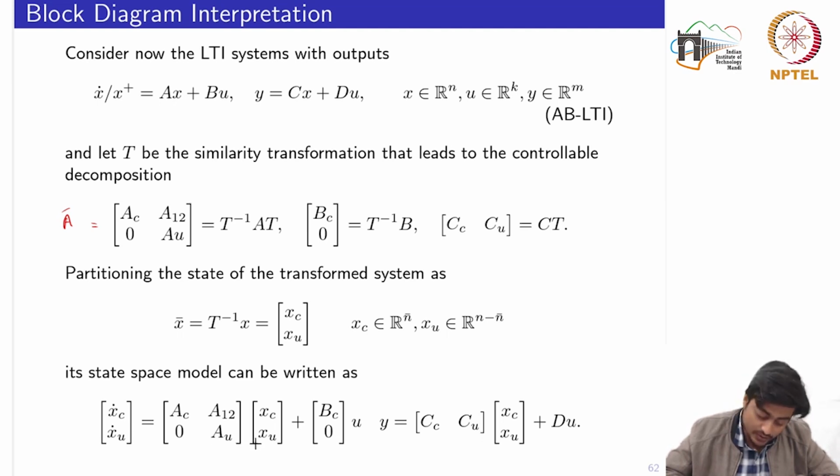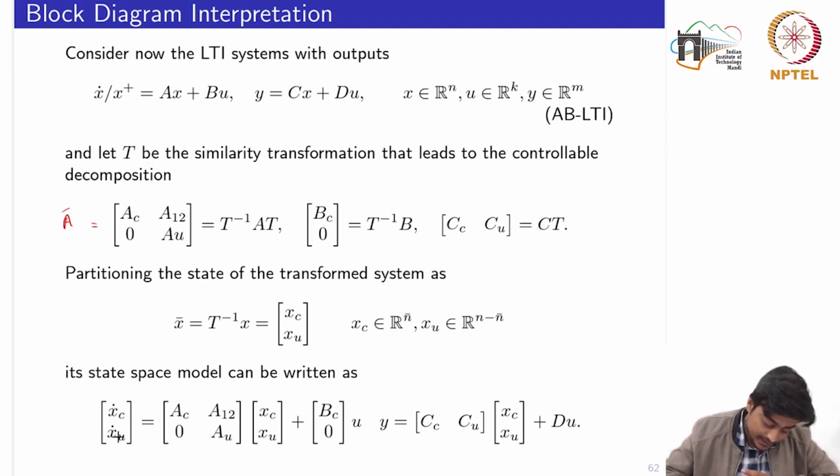x dot u is equal to Au xu. Now suppose we have some non-zero element here, say for example we have a B matrix with a zero element here, and if this element is also non-zero, it does not imply that xu would be uncontrollable.